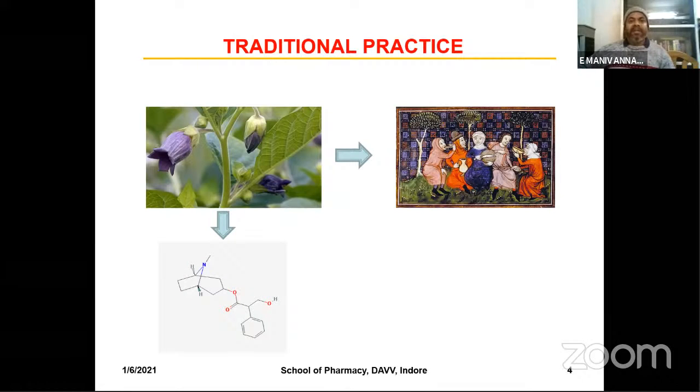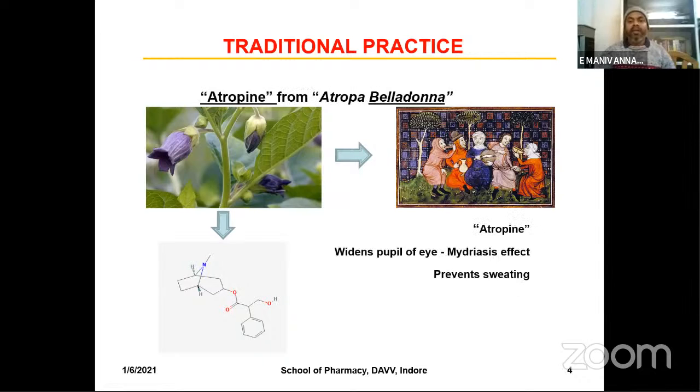The mydriatic effect, the dilation of the pupil of the eye, was also discovered, along with the hallucination, the extrapyramidal effect of the atropine alkaloid. These pharmacological properties were understood from this traditional cultural practice. So widening of the pupil, mydriatic effect, preventing sweating, accumulation of heat, and then hallucination.